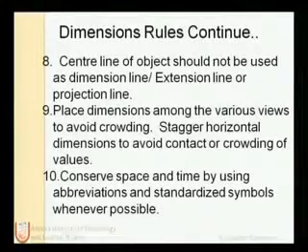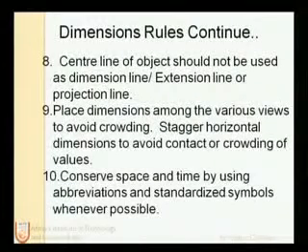Next, the center line of the object should not be used as a dimension, extension line or projection line. There are chances that there are many circular parts in the object. So there are many center lines. Center lines are drawn by showing the 4 quarters of the circles, and the center line should be extended beyond the diameters of the circle, and hence this center line of the object should never be used as a dimension line.